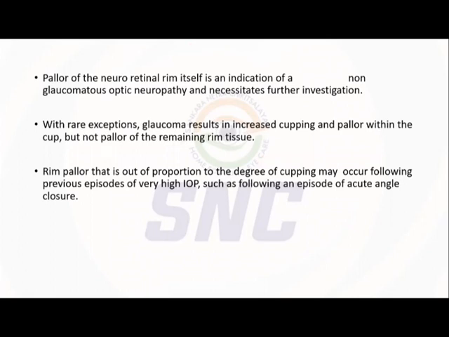The patient will not feel anything symptomatic, but the pressures may be high. So these patients in the later periods may have pallor. That is very important: rim pallor that is out of proportion to the degree of cupping. But this doesn't eliminate glaucoma, and we cannot simply say that it is a neurological disease. That is why pallor is more than cupping.